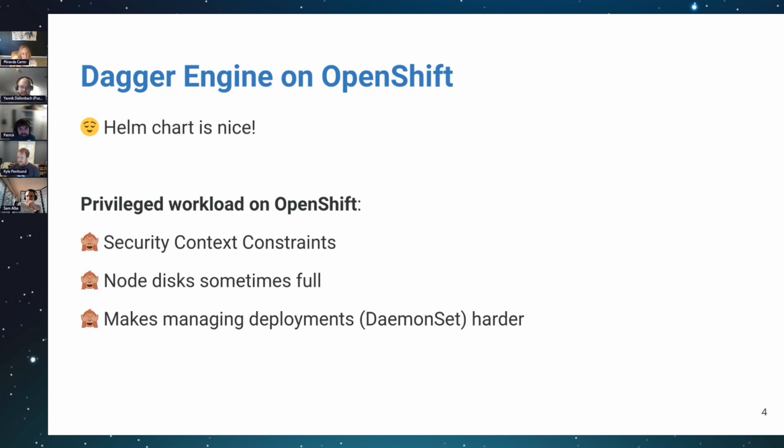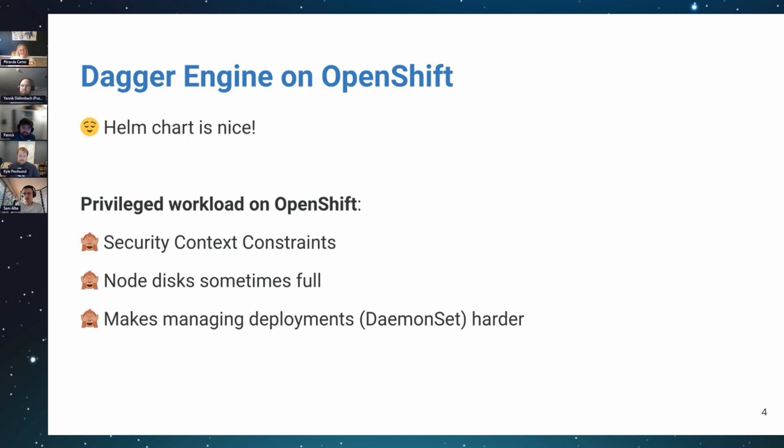We also sometimes encountered some problems with garbage collection. Some of our builder nodes that are used for the Dagger engines ran full. Then we had to write a ticket or chat with the OpenShift team to help us, because we don't have access to the nodes themselves. So they have to clean up for us, which makes the management a bit hard for us too.